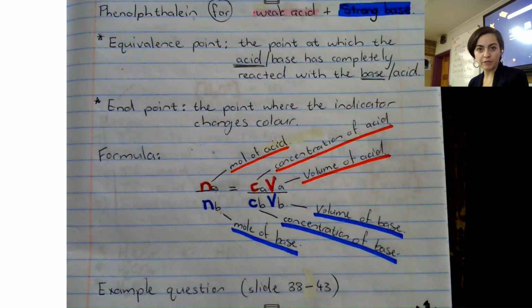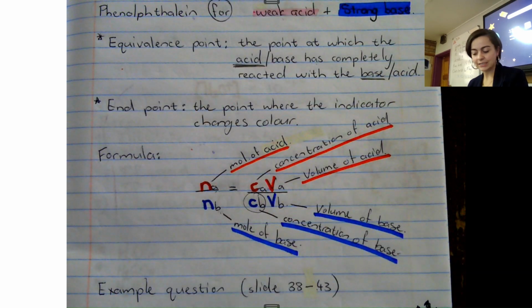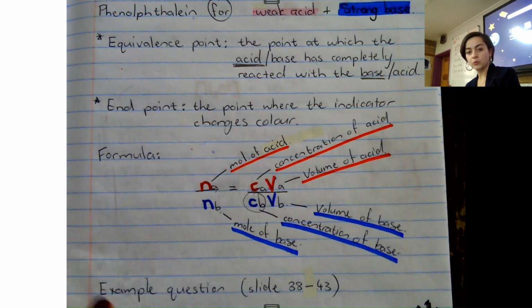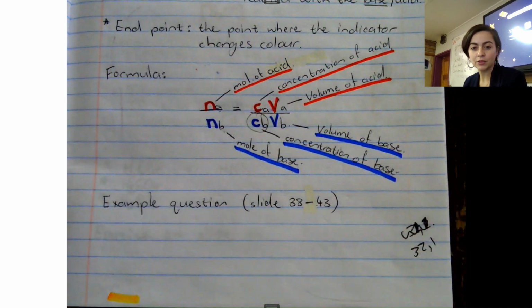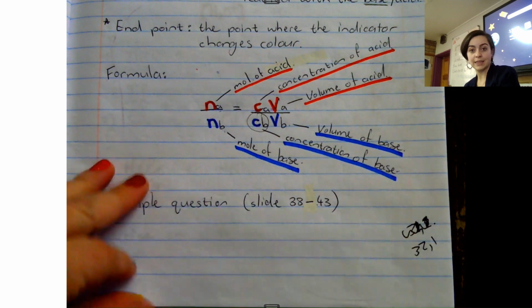All right. So that's how I got the volume of the base. And then this was my unknown, and I could calculate it, right? So if you want to try it yourself, you can do the example questions on slides 38 to 43. It's on the PowerPoint that I shared with you, but I also shared the pictures on the group if you want to go check it out there.